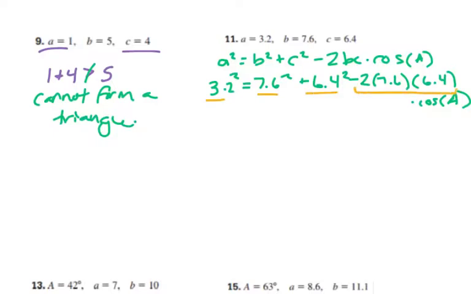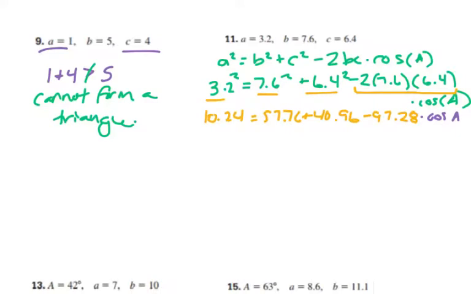Let's see, 3.2 squared is 10.24. 7.6 squared is 57.76. 6.4 squared is 40.96, and then we have 2 times 7.6 times 6.4. So minus 97.28 times cosine of A.